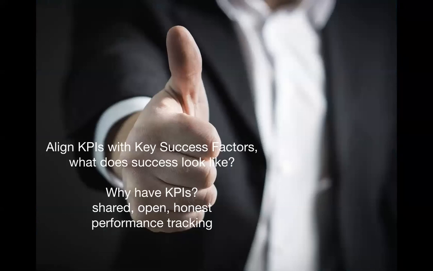And of course, if we can align these KPIs with what we might term key success factors or even critical success factors, then by focusing on that word success, if we can decide what success looks like, either to our marketing management or to the wider business management, then we can align key performance indicators with key success factors.